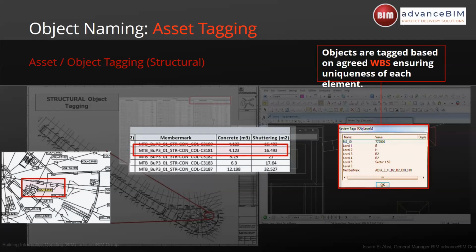This unique identifier captures the location of the object and information such as the trade and the material. What you can see here in front of you is a unique name that can be kept in a database or integrated with other systems and databases. We have been doing this for almost 20 years now, and this is what makes our implementation of BIM effective and our handing over process also effective.